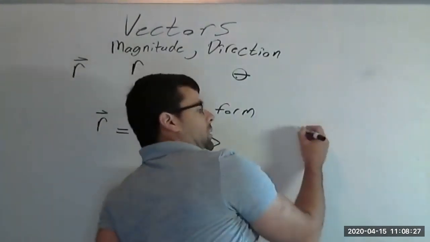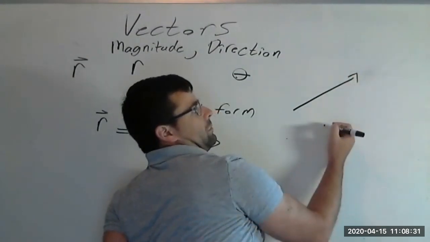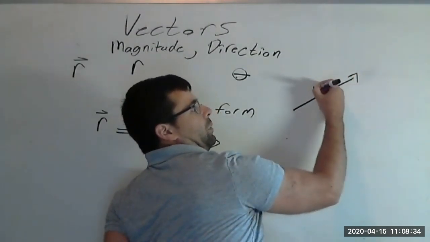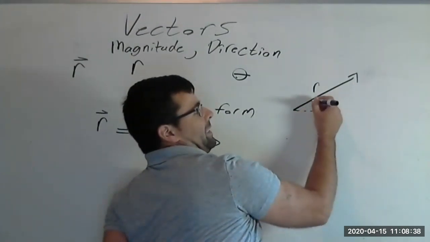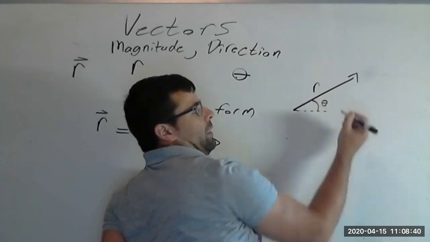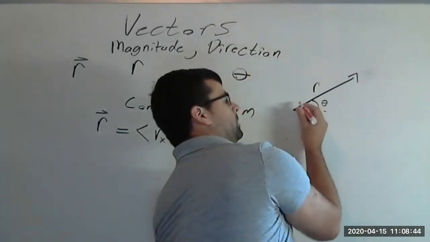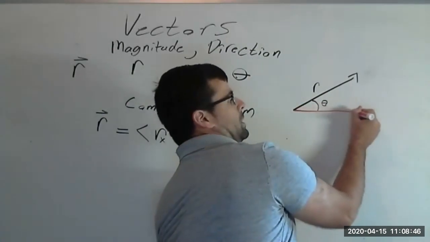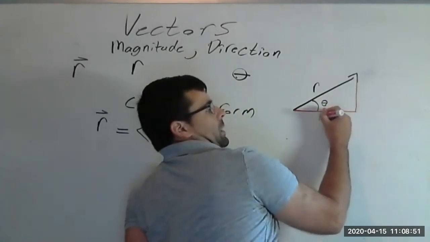So remember, R is a vector. It has some length, which is R, and some angle, theta. If we talk about it in component form, it's like this.